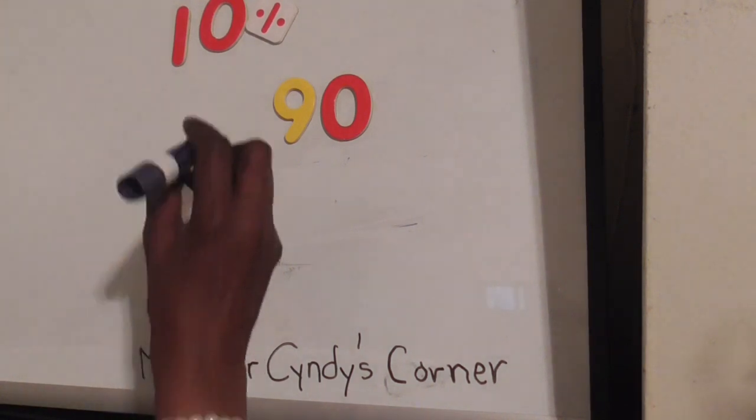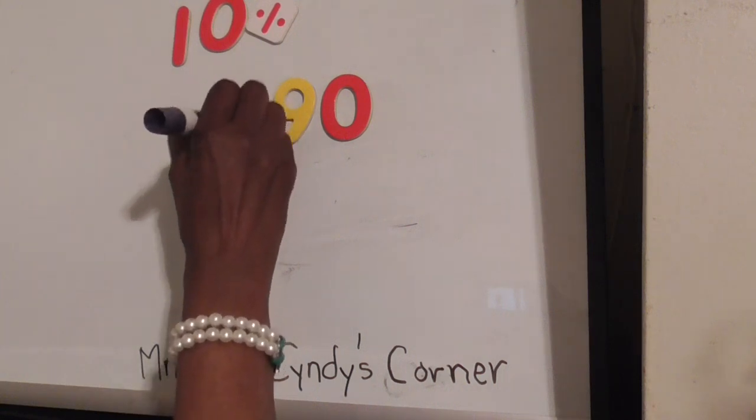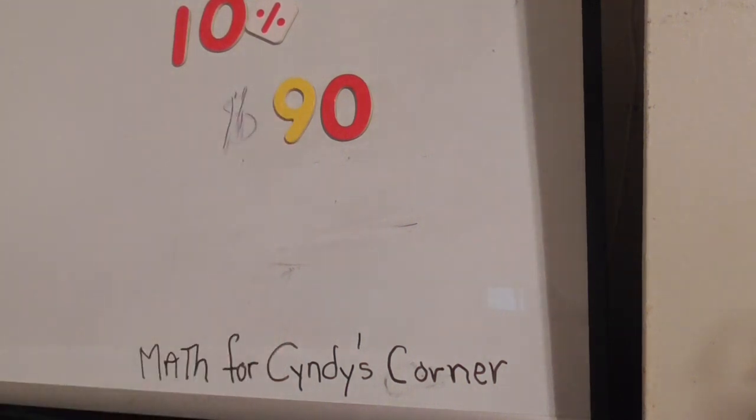You're going to a different store, and you say, I like this dress too, or this two-piece suit, but it has 10% off. How do I find out what 10% of 90 is?